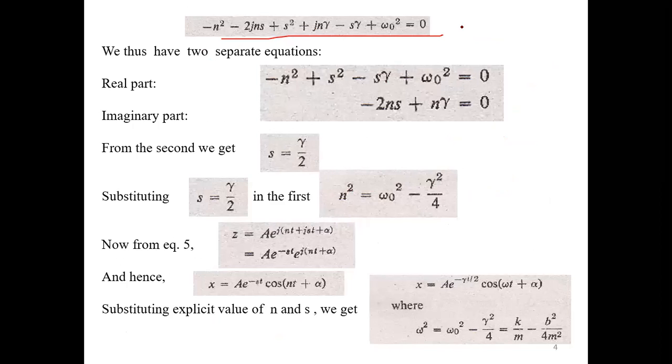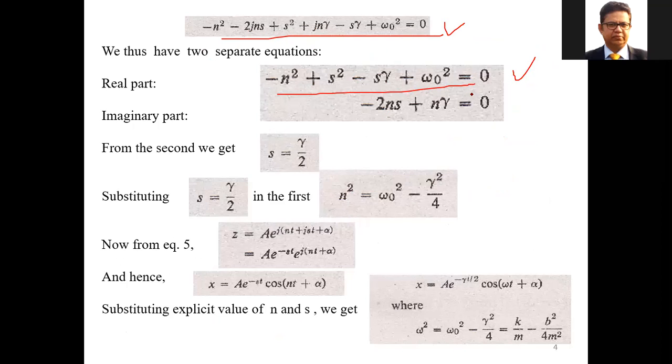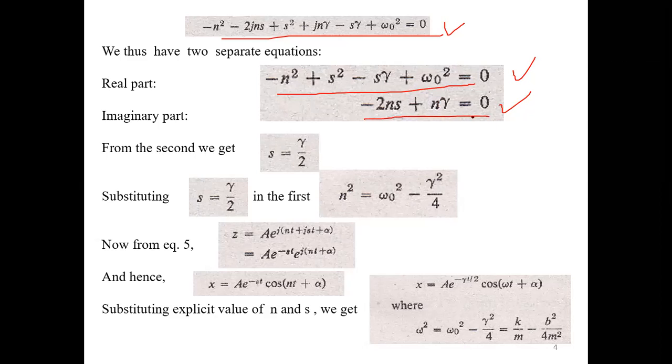Now we will equate the real part of the left hand side, which must be equal to the real part of the right hand side, and the imaginary part likewise. So the real part is this one, which must be 0, and the imaginary part is twice ns plus n gamma, which must be equal to 0. If we solve this, n cancels out, so s will be gamma by 2.